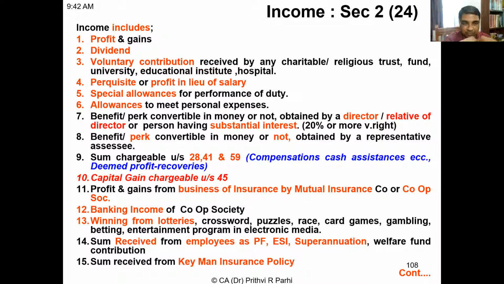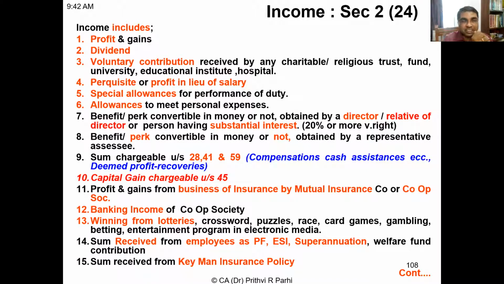Point 10. Capital gain chargeable under section 45. Yes, capital gain is a separate head of income. When you learn the charging section, you will understand what capital gain is. There is a concept of capital asset. First of all, we need to understand what a capital asset is.